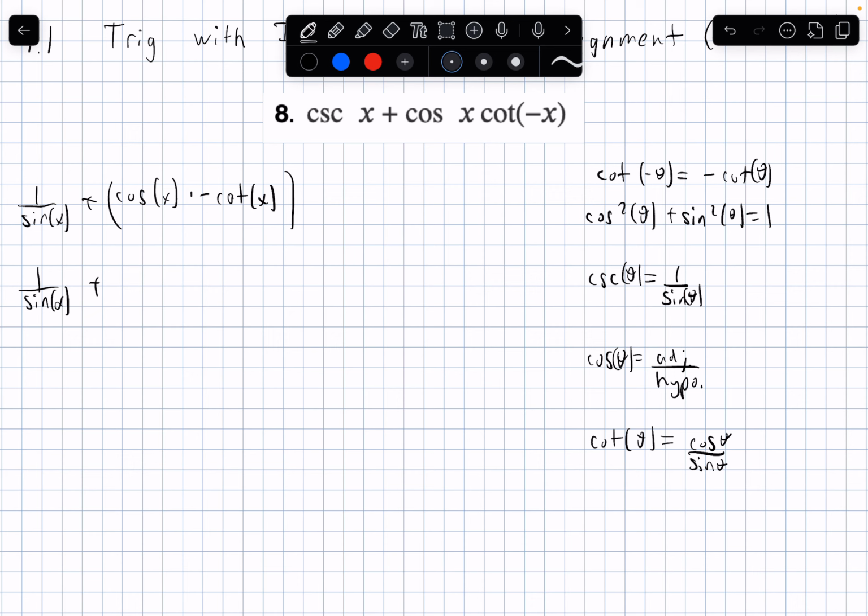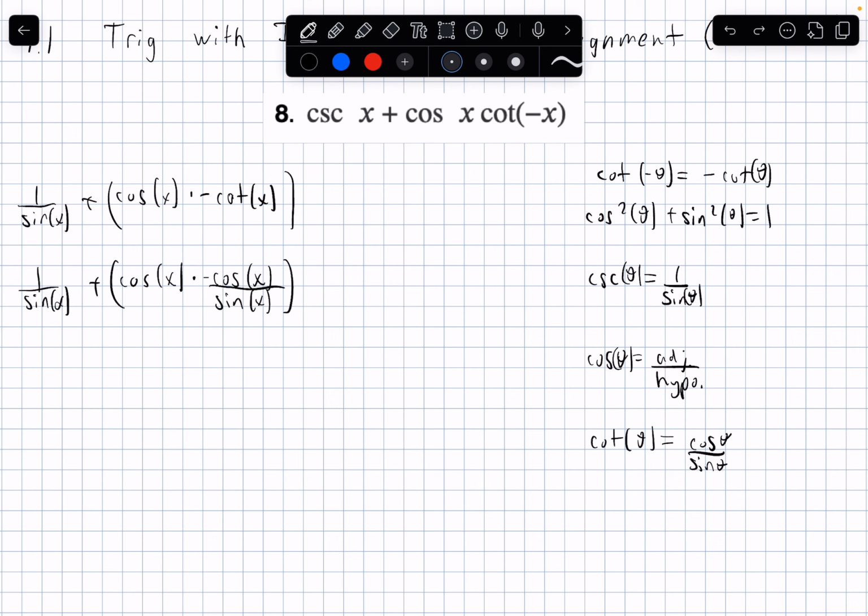Actually, first we're going to simplify a little bit more. We're going to go cosine of x times negative cosine of x over sine of x. If you notice there, we're using the definition of this trig function to realize that cotangent just equals cosine theta over sine theta, or cosine of x over sine of x.